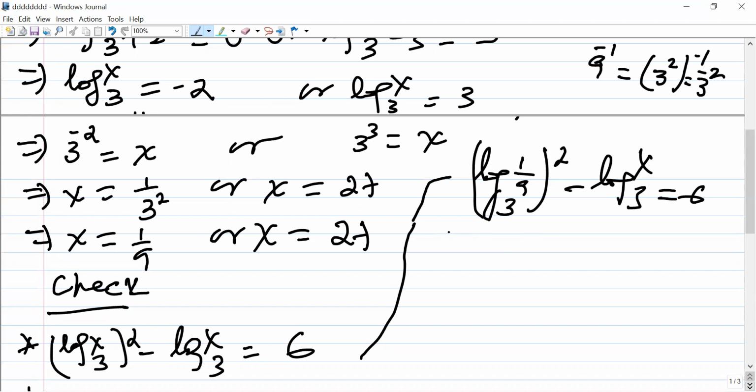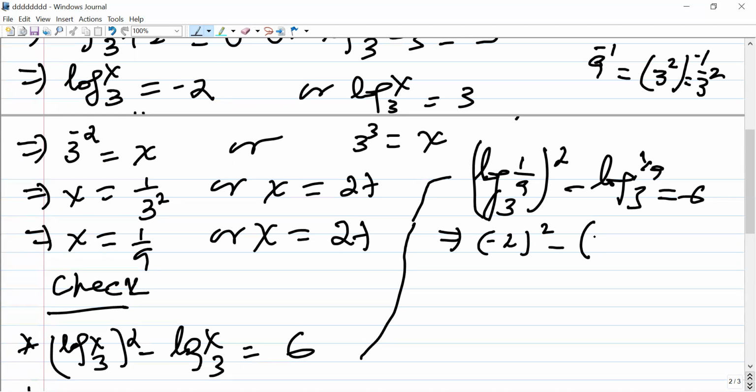So here the value of x is substituted by 1 over 9, which is 3 to the power of -2.